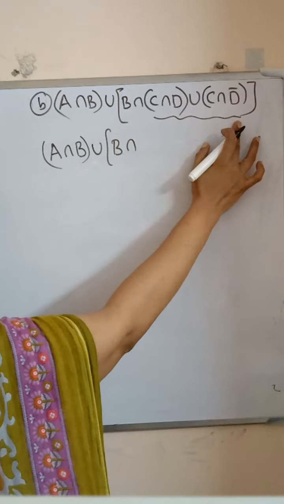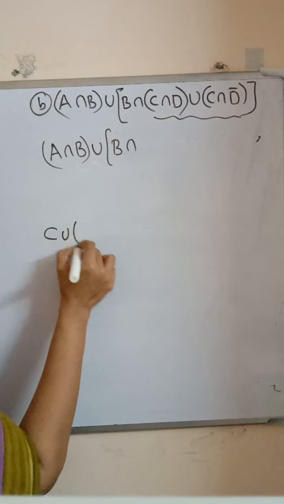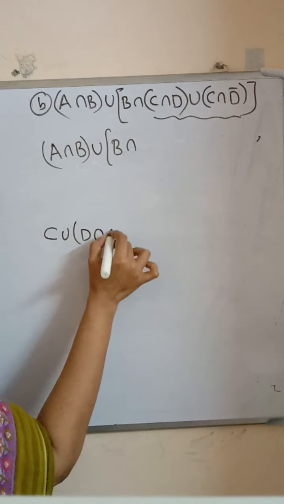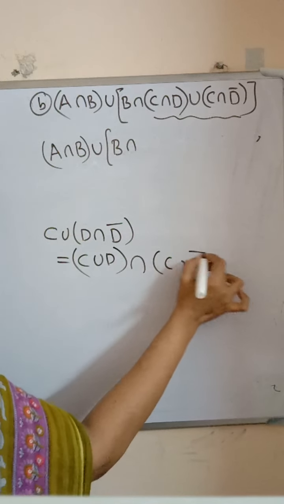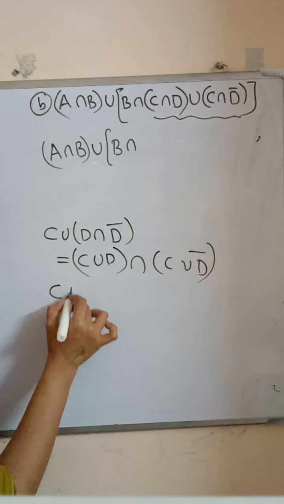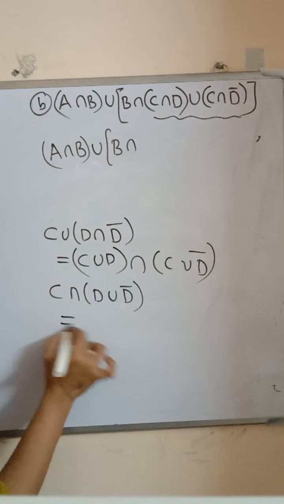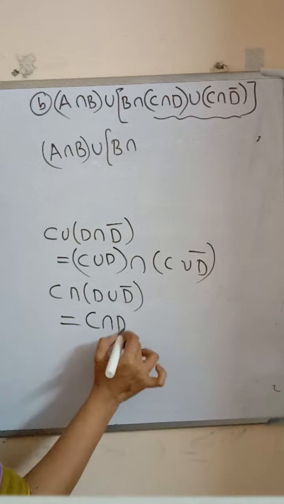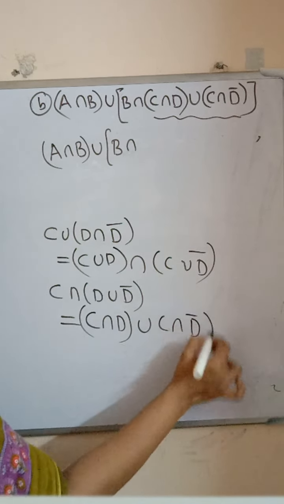Here we use the distributive law. The distributive law is C union D intersection D complement equals C union D intersection C union D complement, or C intersection D union D complement equals C intersection D union C intersection D complement.